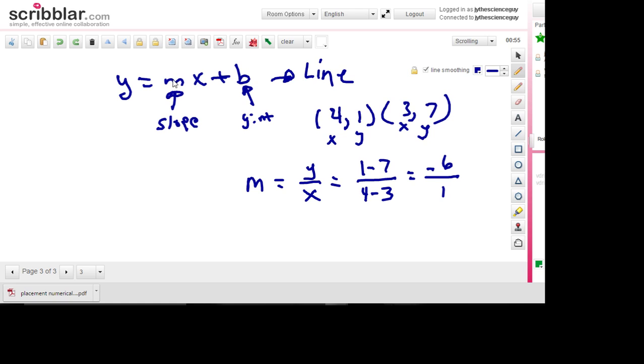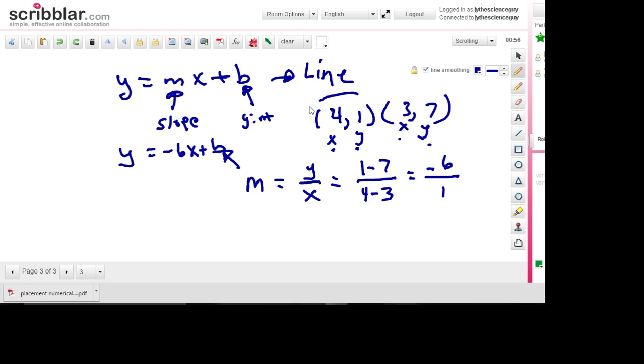So if I were going to write the equation for this line, m would be equal to negative 6. Okay. See where I stuck it? Yeah. Okay, so the next part is to figure out this letter. You see how I have an x and a y and an x and a y? Uh-huh. I can substitute either one of the points into this equation to figure out what my b is going to be.